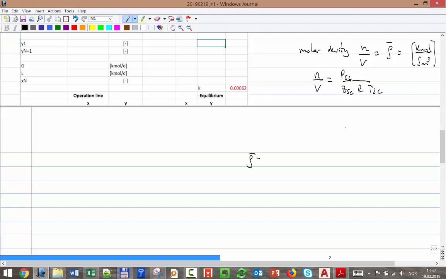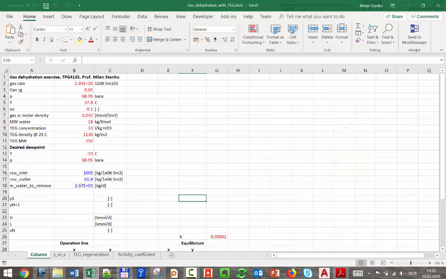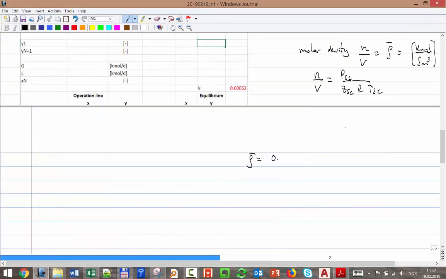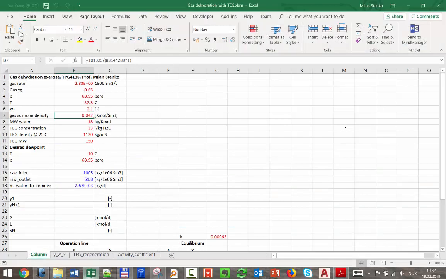The molar density is P standard divided by R T standard, multiplied by Z, which is 1. It's 0.042 kilomole per standard cubic meter. We should have done that in class, but I forgot to erase it, so tough luck.